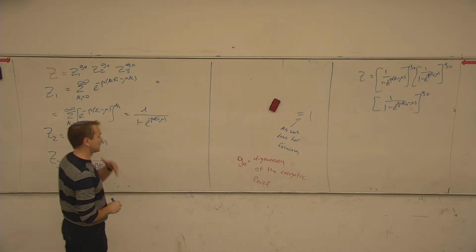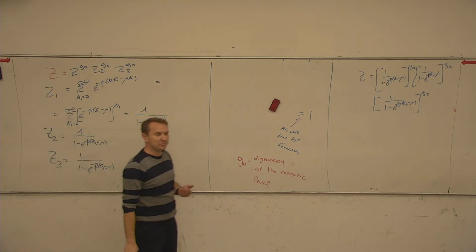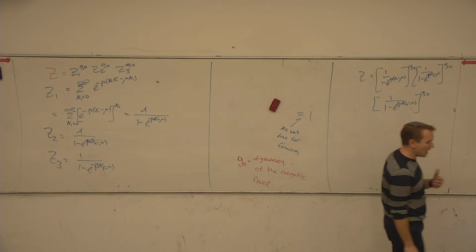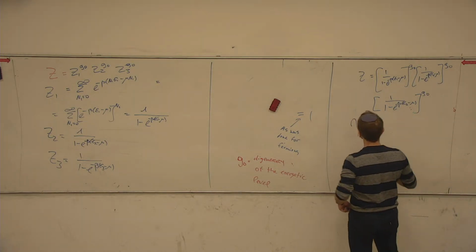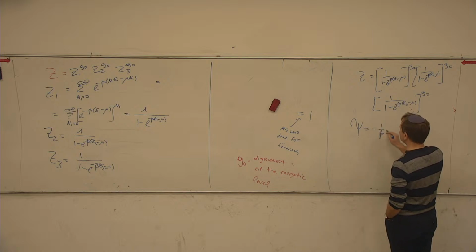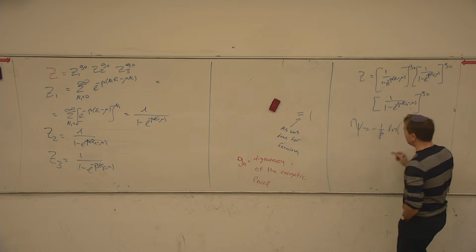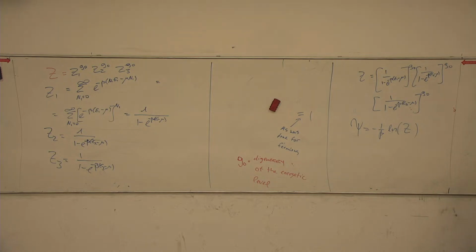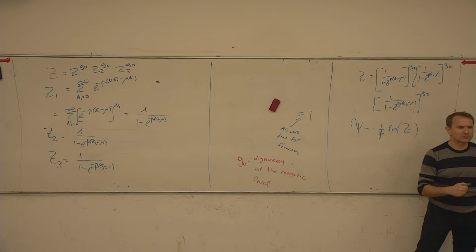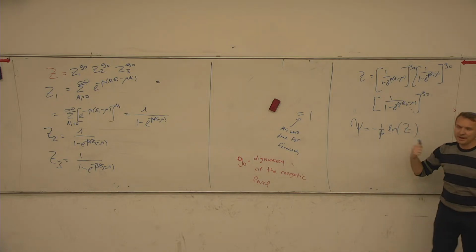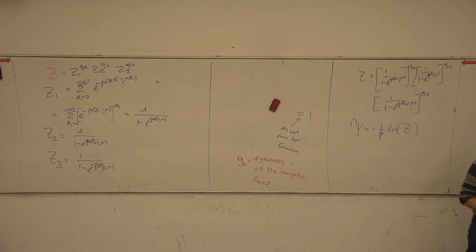That's it. Now, if I want to compute, for example, anything, I know that the grand canonical potential is minus 1 over beta log of z. And if I remember my class on thermodynamics, I can take some sort of a derivative of psi with respect to beta, with respect to mu, with respect to something, and I obtain everything that I need to know. Or, as I told you, there is always a different path.